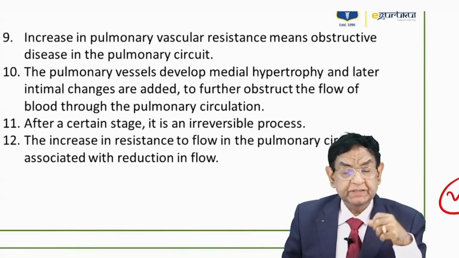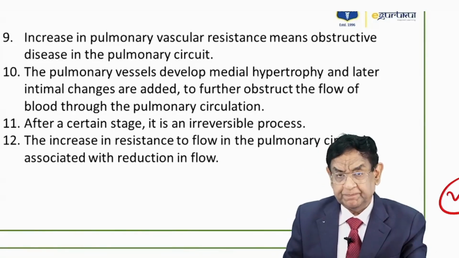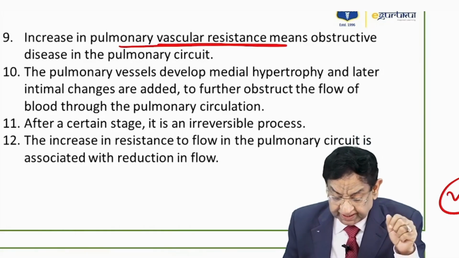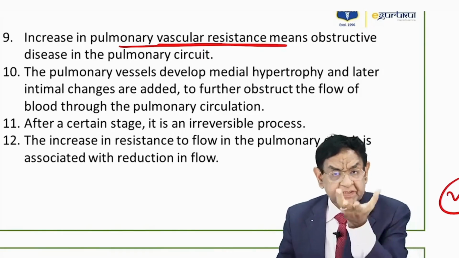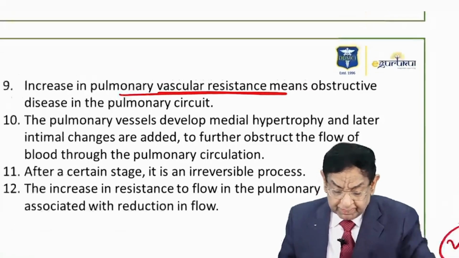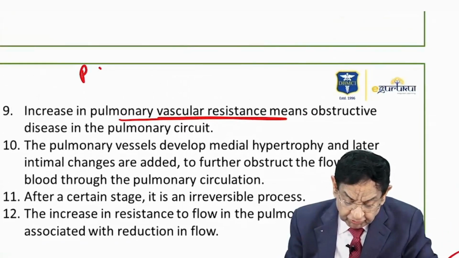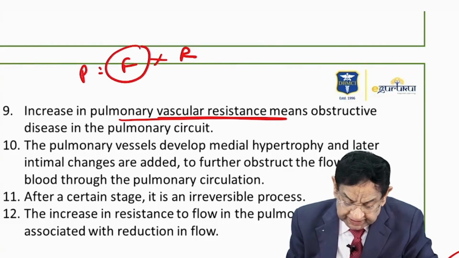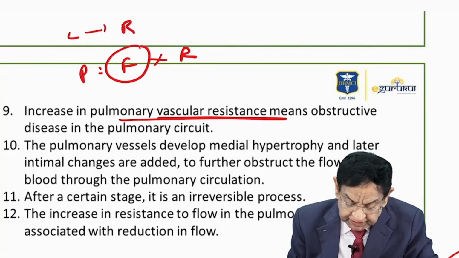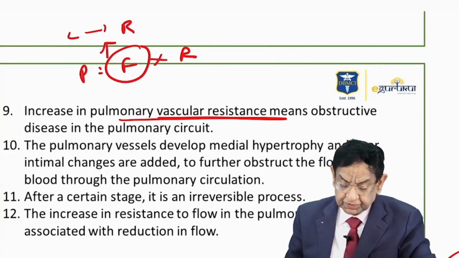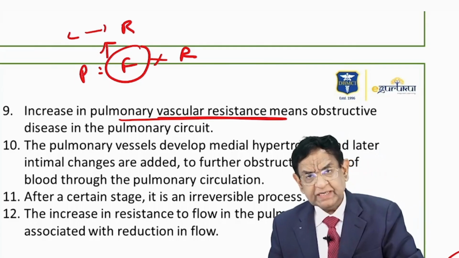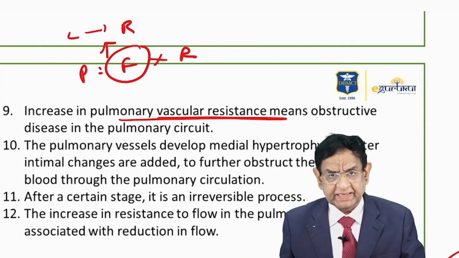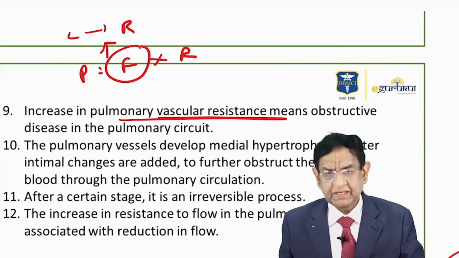Now, in some situations, the pulmonary vascular resistance is very, very high. Remember, pressure is equal to flow into resistance. In left to right shunt, there was increased flow, but it was very easily taken care of by the distensibility of the pulmonary artery.